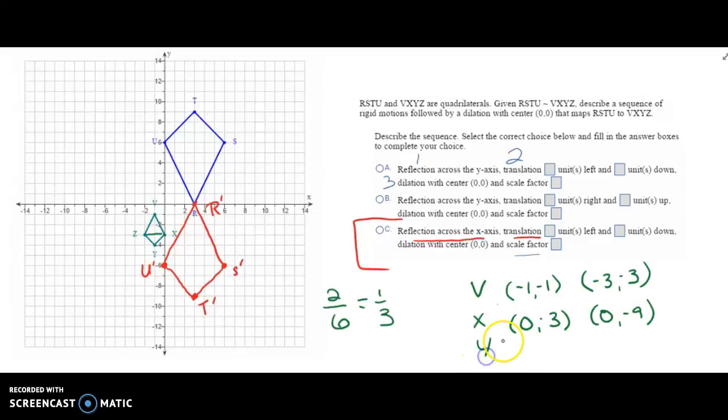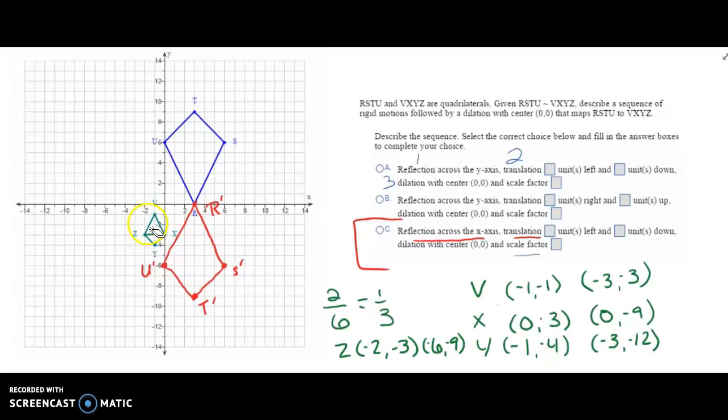Y, right now, I am at -1, -4. Multiplied by 3, I'm going to get -3, -12. And then Z, I'm going to have -2, -3, which switches over to -6, -9.